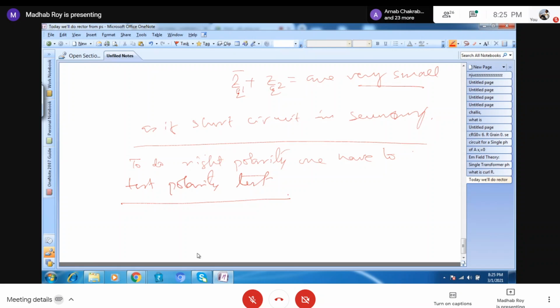No, sir, we studied it in the previous semester. Okay. So then you have studied the polarity test. In the polarity test, a voltmeter will be applied. It can be done very simply. So next day we will go for the polarity test, or you can do it here also.